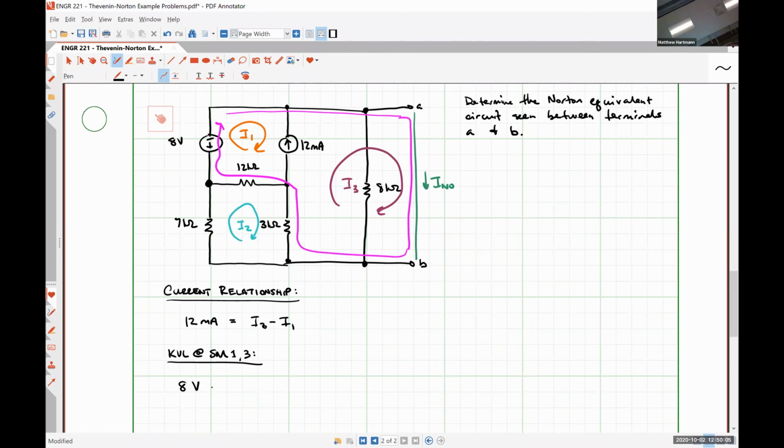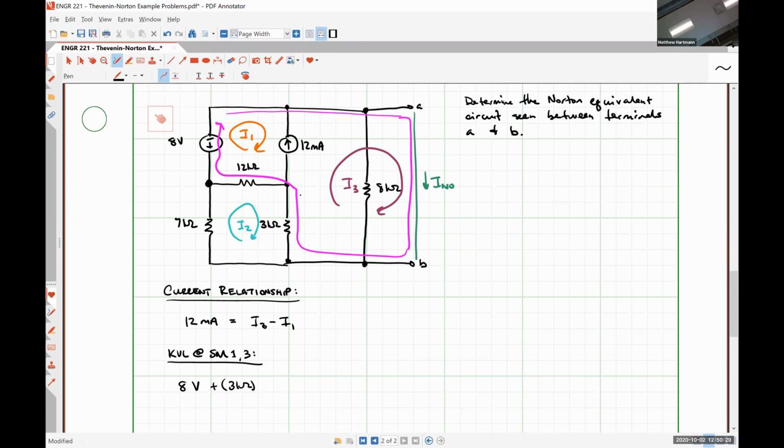All right. What's next? The 3 kilo ohm resistor, absolutely right. So there's a whole bunch of wire between the negative polarity terminal of the 8-volt source and the 3 kilo ohm resistor, but all of that is effectively a short circuit, so there's no voltage drop over it. So the next thing we see is this 3 kilo ohm resistor.